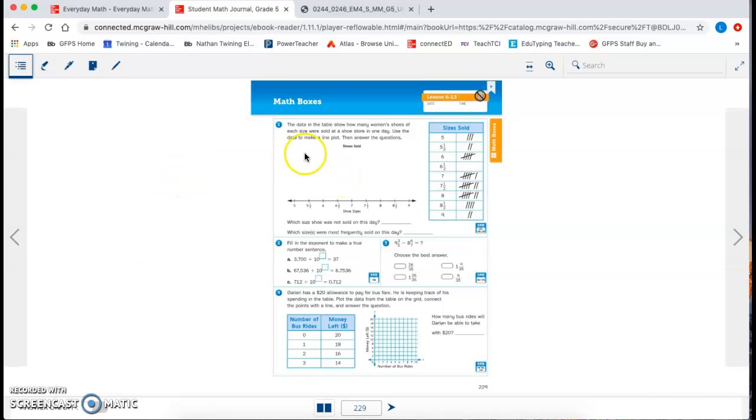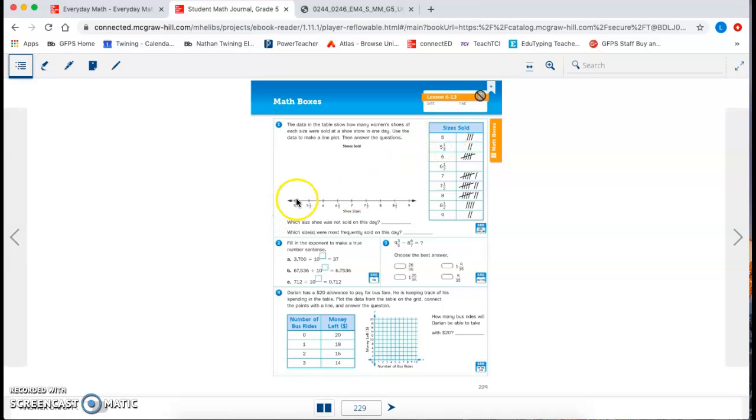So starting on 229, it says, the data in the table show how many women's shoes of each size were sold at a shoe store in one day. Use the data to make a line plot, then answer the questions. So you have 1, 2, 3 tally marks on 5.